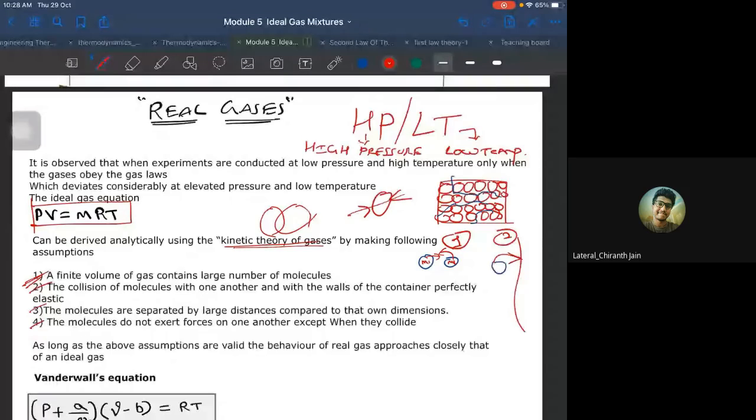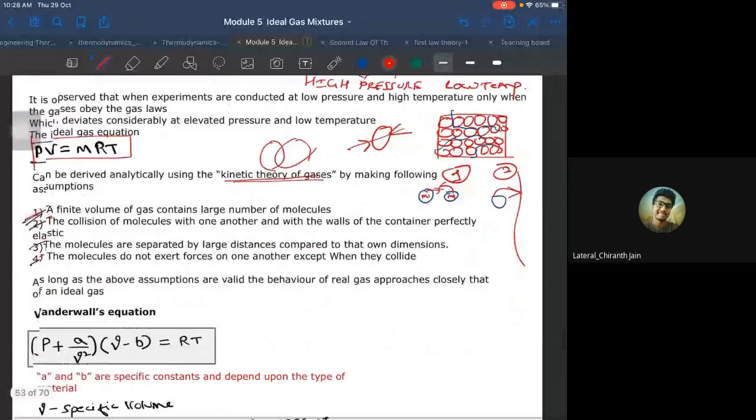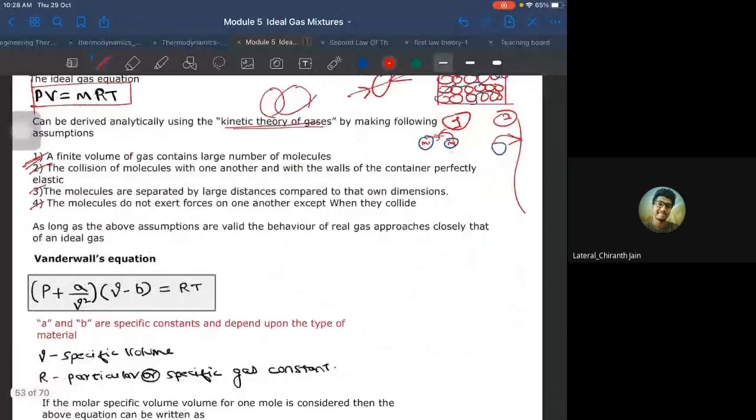Number four, Malatesh. Marvin. Yes, sir.